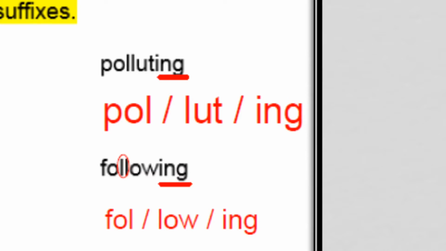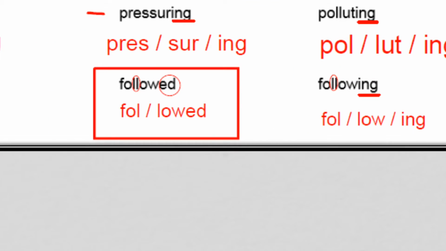The two L's get split up. Now if you notice here, let's say we had the word followed. With the word followed, you notice it does not end in ing. So all we need to do with followed is separate the two L's. We get fol-lowed.